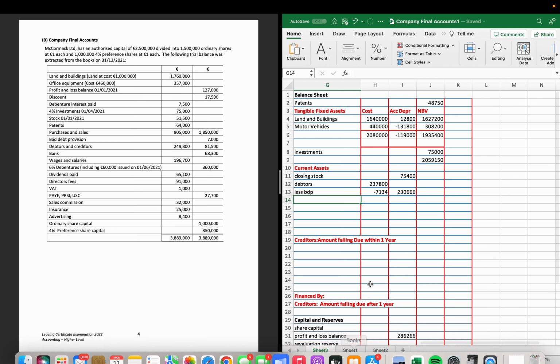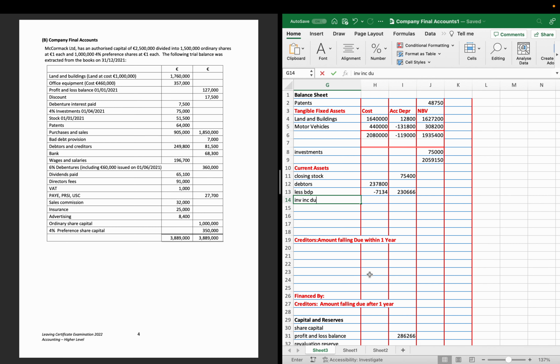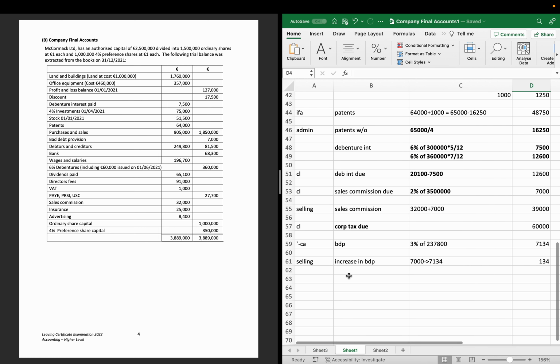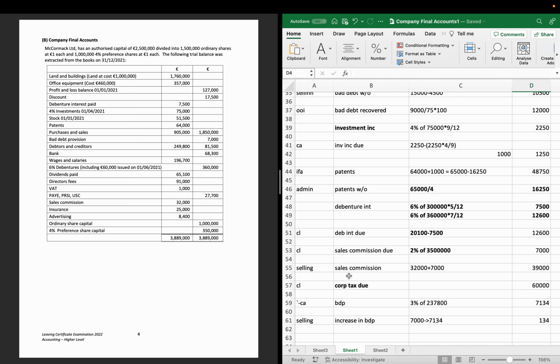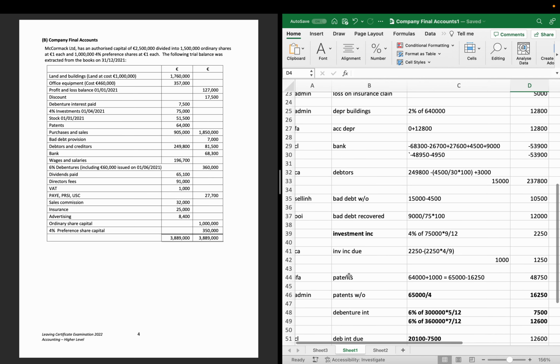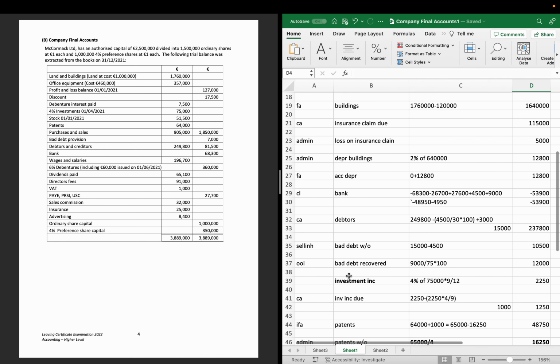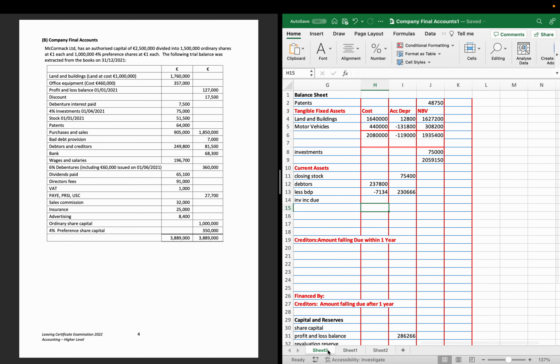You'll have investment income due, 1250. I'll just check for any more while I'm here. You'll have the fire claim due of 100 and something. 115. So they're the only two from the workings.